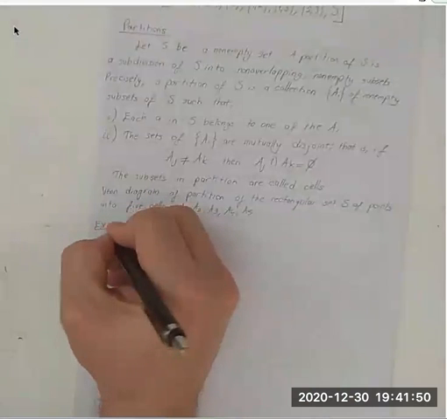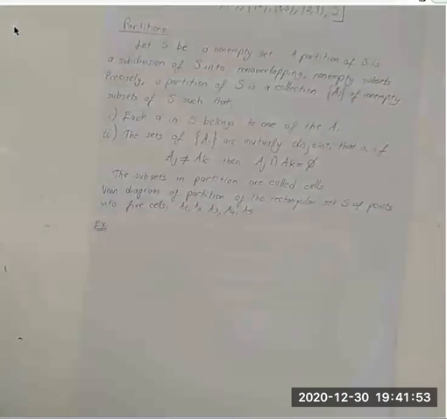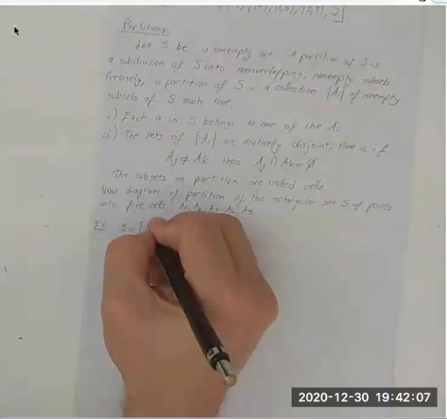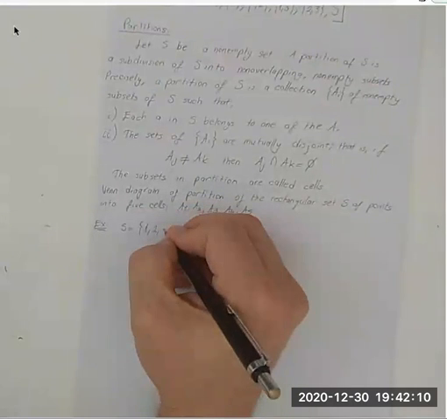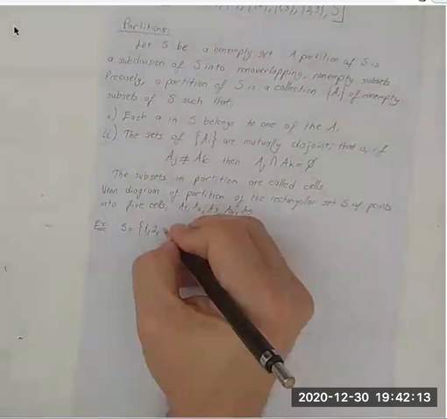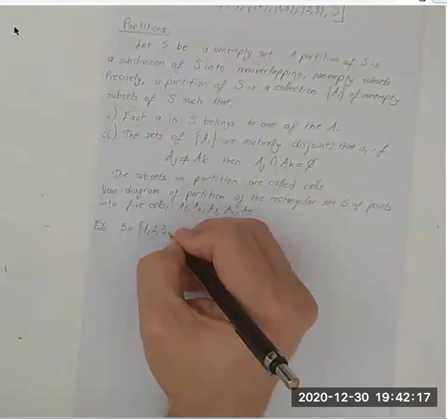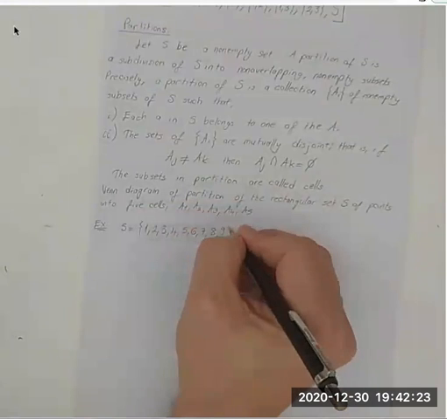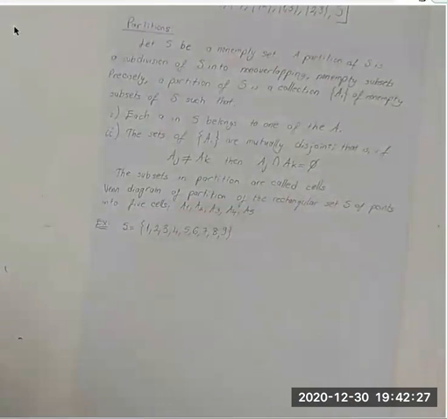Let's write some classes of that set. We have to represent or show the diagram of S as 5 cells like that, A1, A2, A3, A4, and A5.